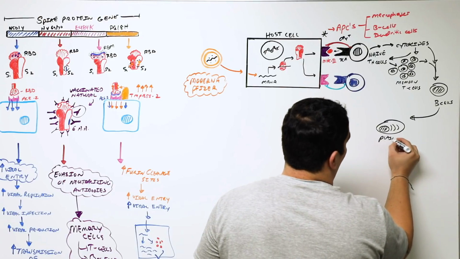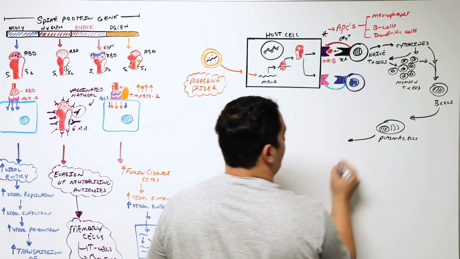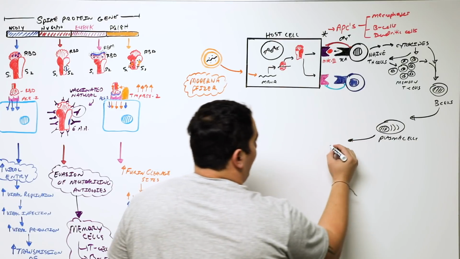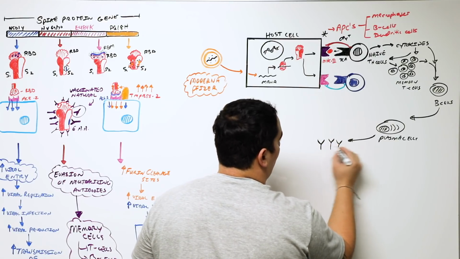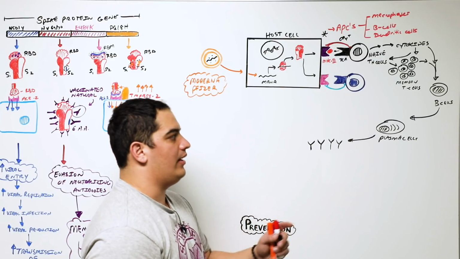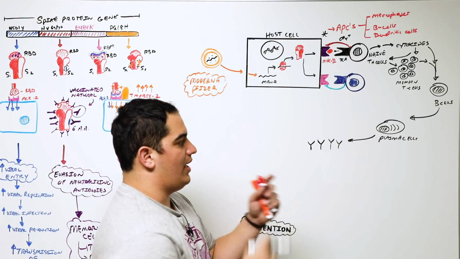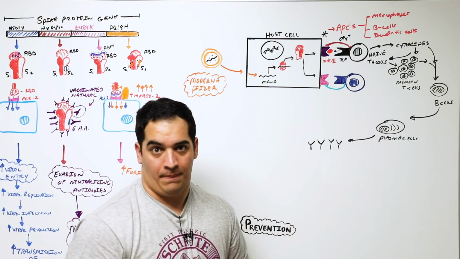Plasma cells will then start producing what types of molecules? They will start producing antibodies. And these antibodies are going to be particularly primed so that if, for whatever reason, we are infected with the SARS-CoV-2 virus and that S protein gets expressed again, we will have antibodies that can bind to it.